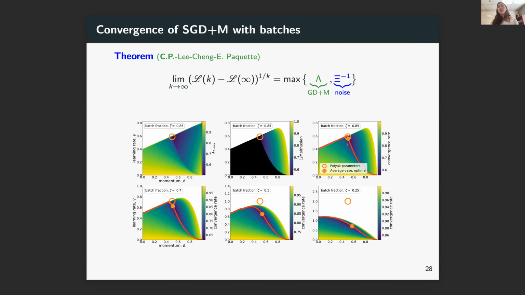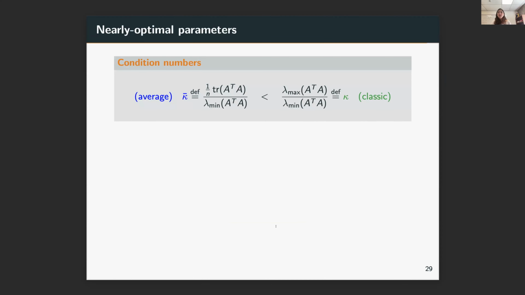Then you can get the convergence rate just by taking the max. You can see how the batch fraction affects the region of convergence over time, which is what's happening in the bottom here. You can also get things like near optimal parameters.